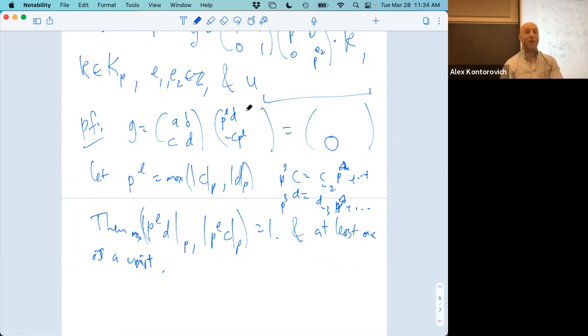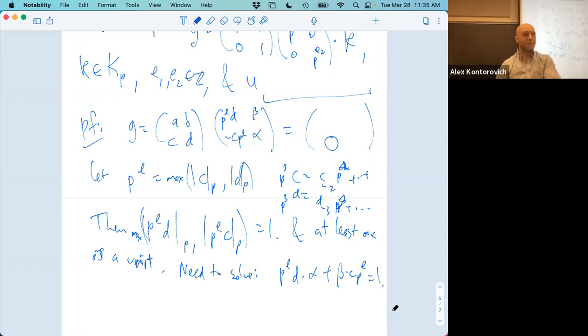Yes, I need to make sure that I can find, I need to solve, for example, P to the L D times, let's call these alpha and beta, times alpha plus beta times C P to the L is a unit. Well, I could make that unit 1, for example.